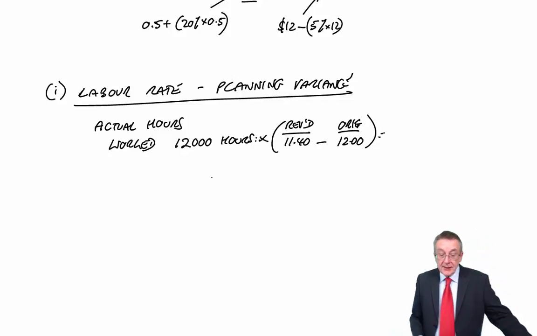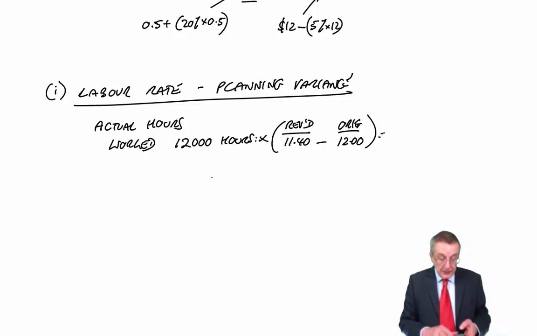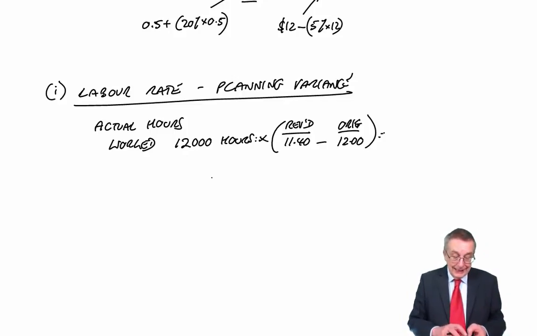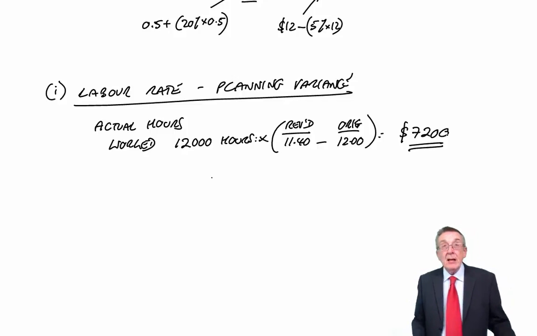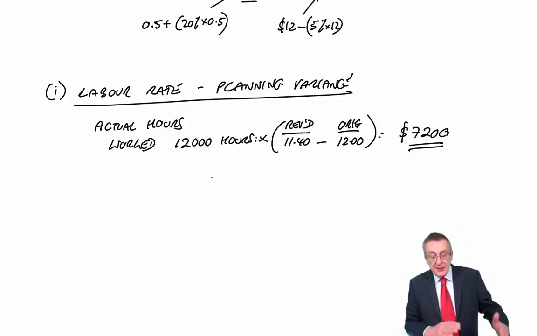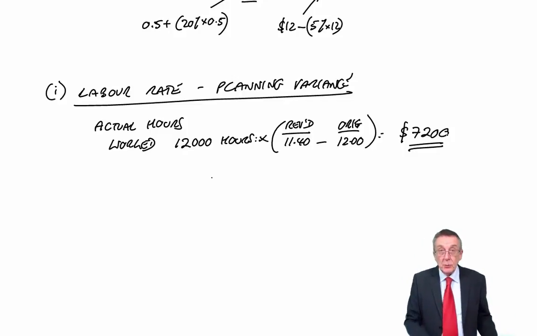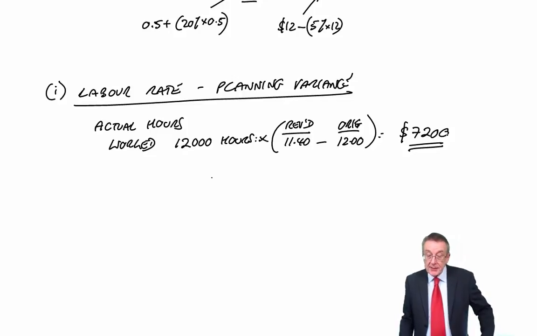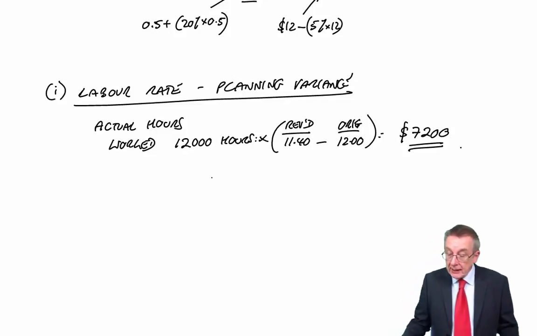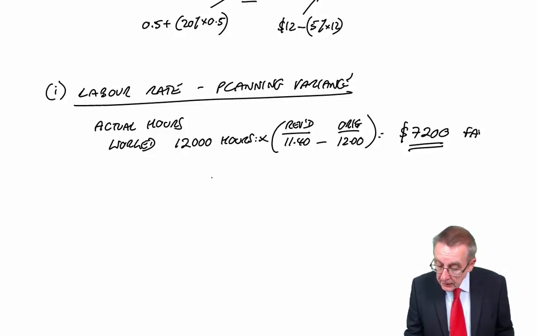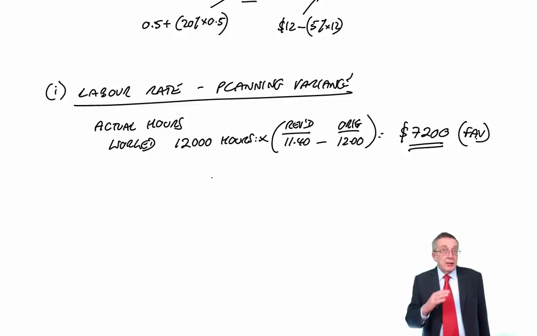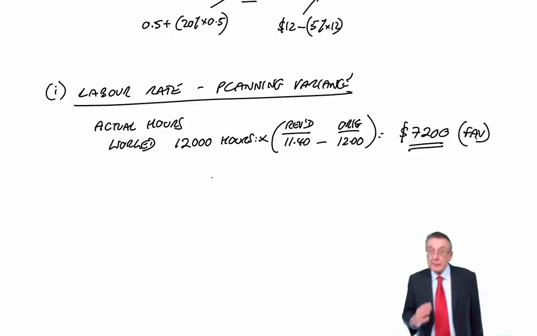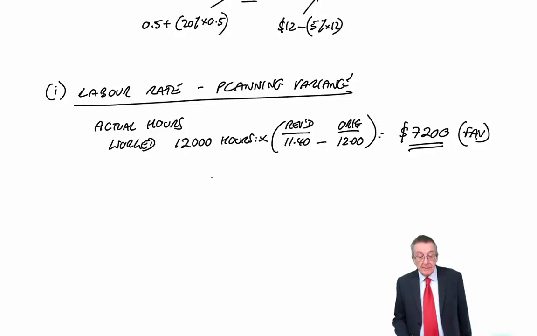We're saving 60 cents an hour on 12,000 hours. The variance is therefore 7,200. Favourable or adverse? We revised the rate downwards. It was saving us money, 11.40 instead of 12. It's 7,200 favourable. So that's how much we should be saving as a result of changing our plans in the way we did.